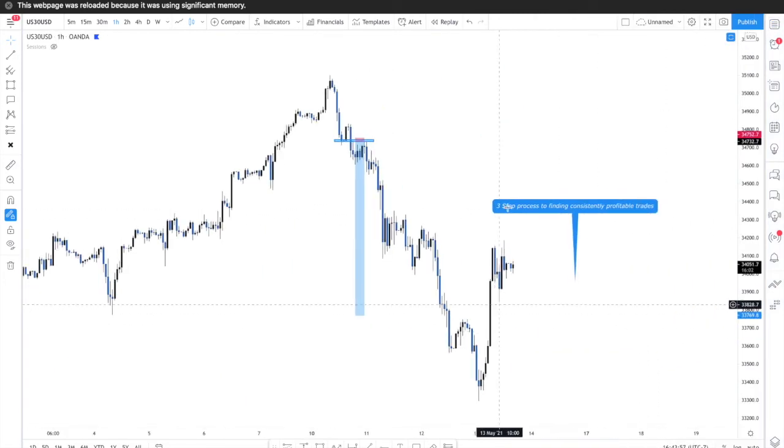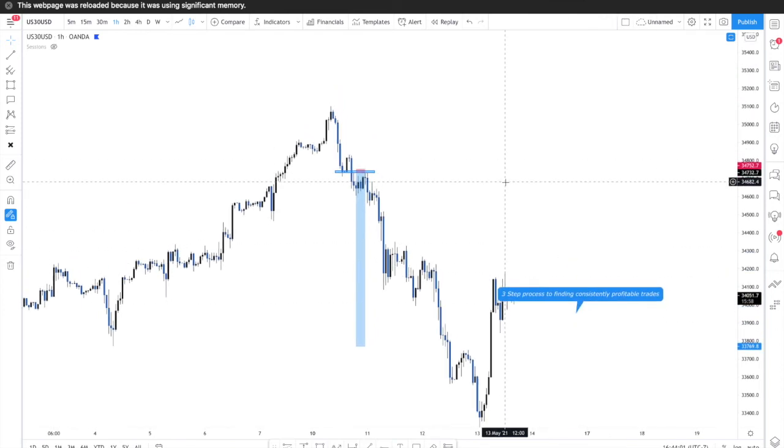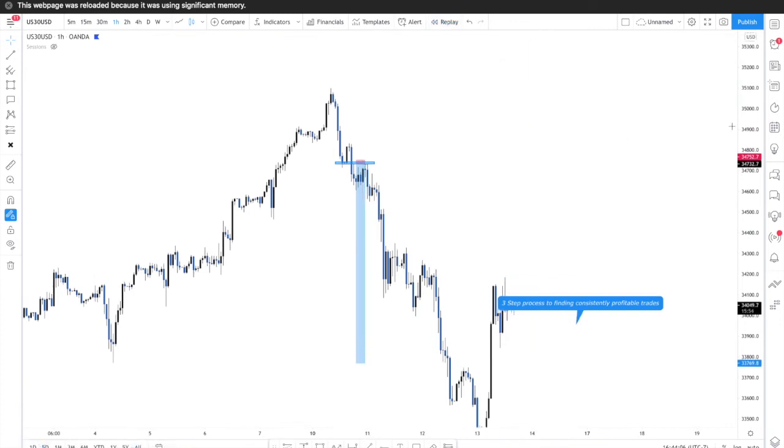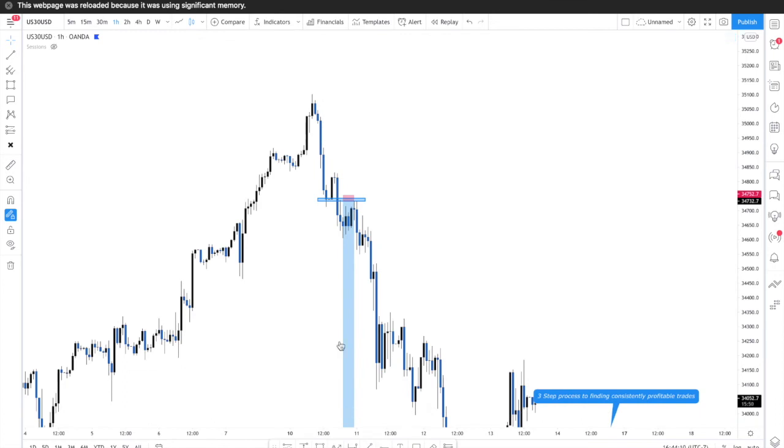Okay, and now if we look at this US30 trade. Look what happened. Strong push, broke that level of structure, right? Pullback did what? Created this big evening star, really strong push.